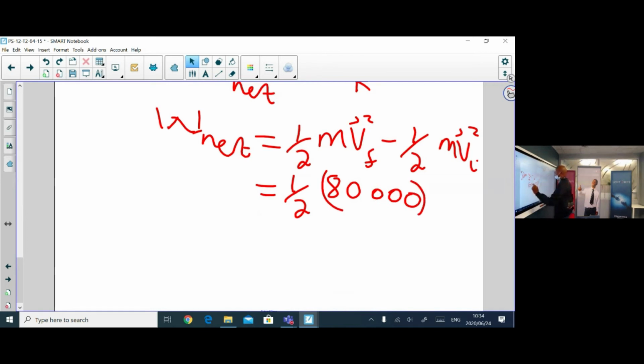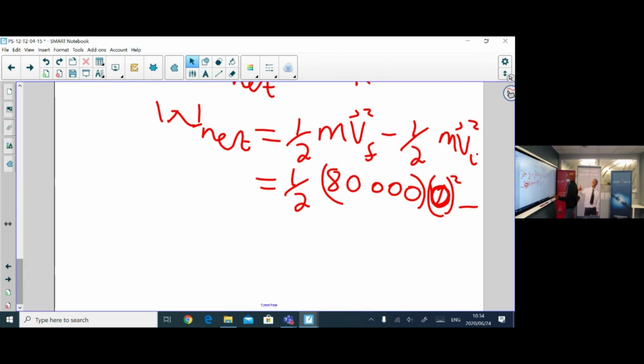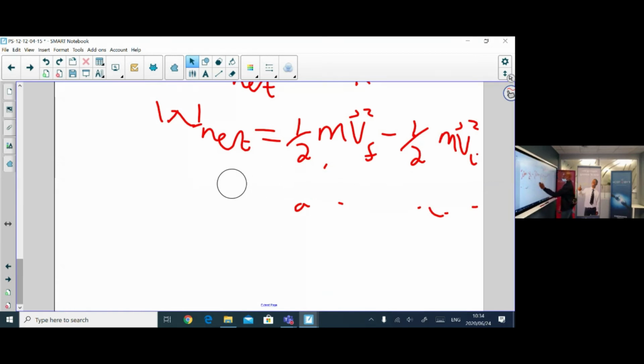The v final is 0 there because it's just stopping. The initial velocity is constant. Let me create a space.